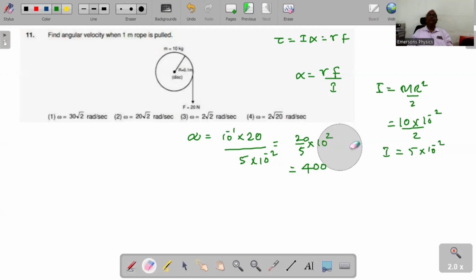So it becomes 4 into 10, because minus 1, only 1 will be there, 40.